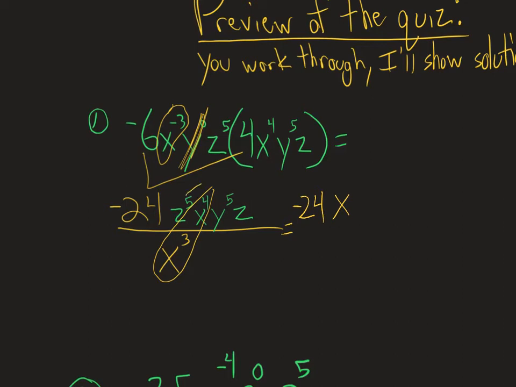And my z5 and z would make a z6. And then my y5 doesn't have anything, so it just stays y5. Doesn't matter what order you put those in, but the general rule mathematically is you always want to alphabetize those variables. I'm not going to take points off or anything, but that's just a habit you want to get into.